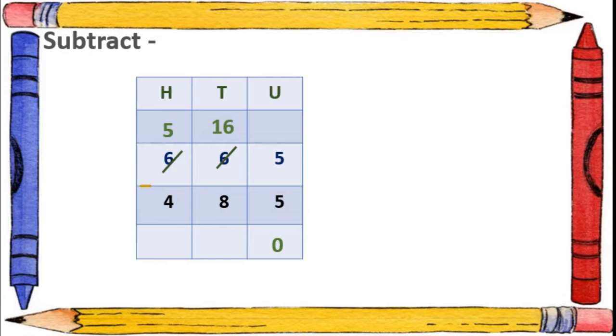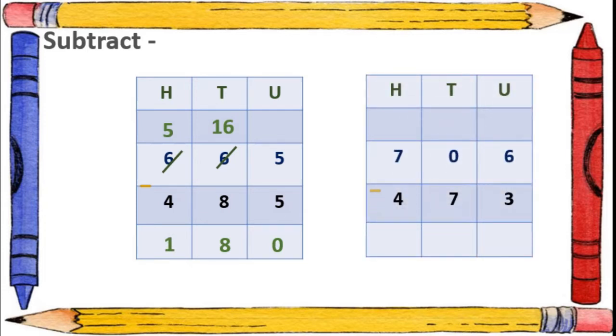Okay. Now we can subtract 8 from 60. So 16 tens minus 8 tens is equal to 8 tens. Correct? And in the hundreds place, 500 minus 400 is equal to 100.